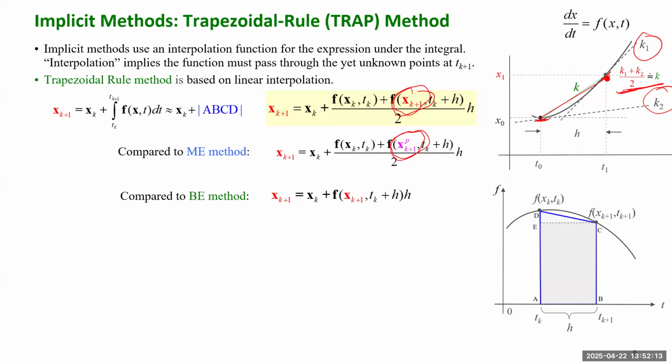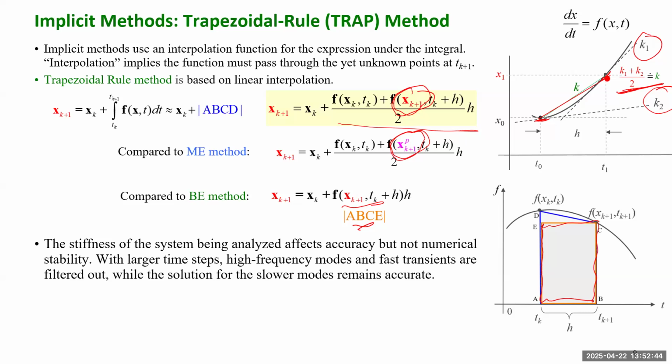And compared to the backward Euler method, it uses the average of the two slopes instead of only the slope at the ending point. The backward Euler method uses rectangular area to approximate the area under the curve, but the trapezoid rule method calculates that trapezoid shape.